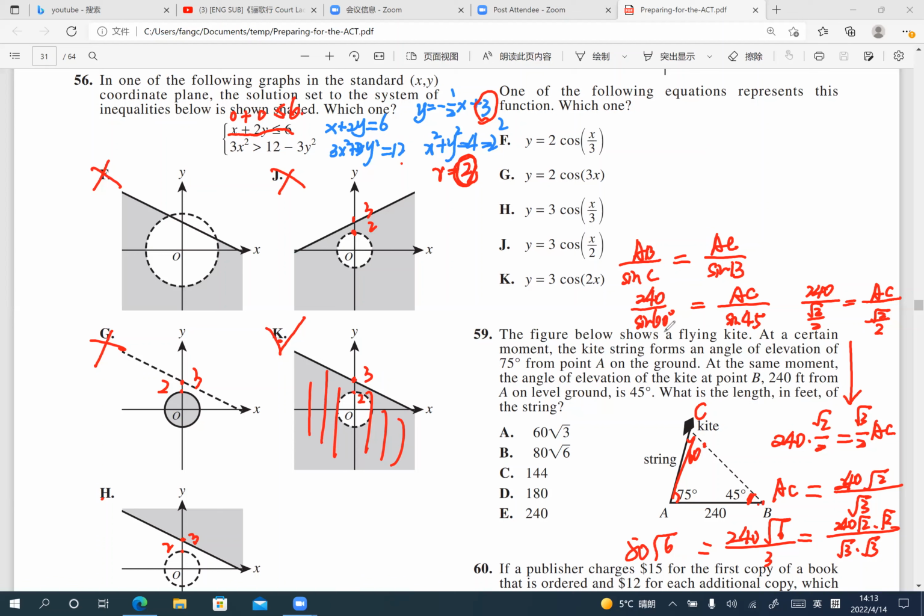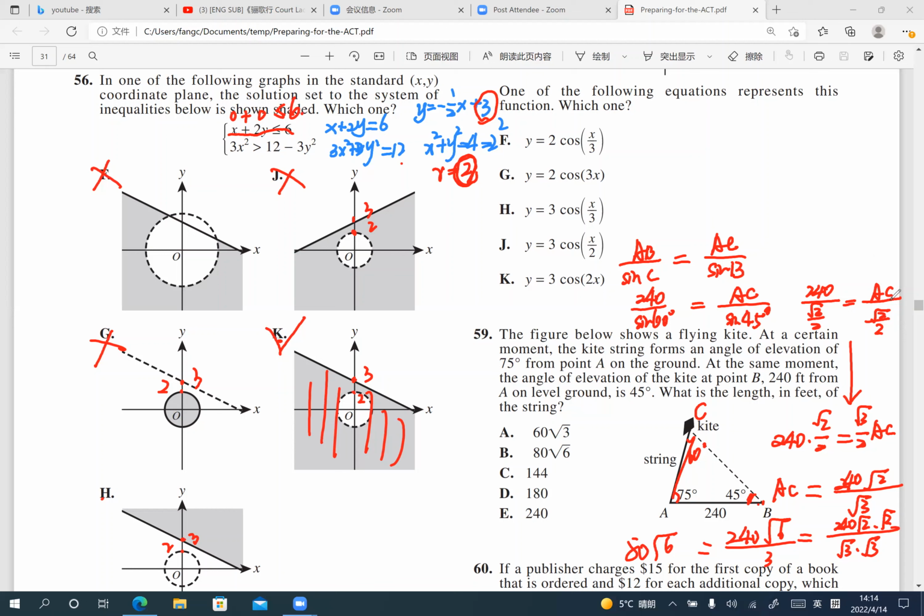So 240 over sine 60 degrees equals AC, which we don't know, divided by sine B, which is 45 degrees. And sine 60 degrees, we know, is equal to the square root of 3 divided by 2. And sine 45 degrees equals the square root of 2 divided by 2.